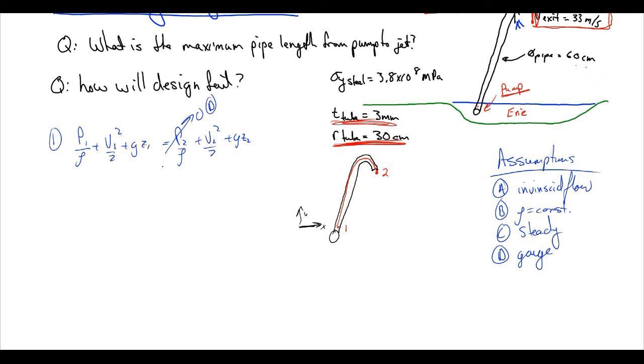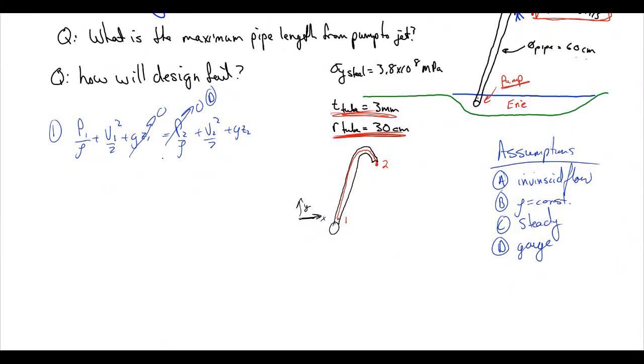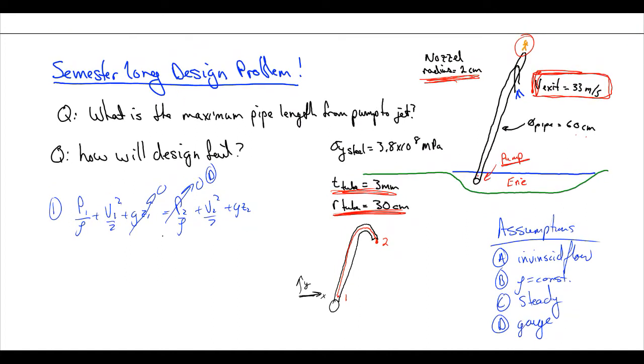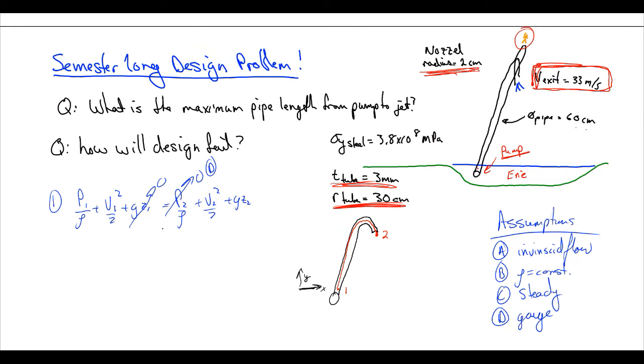And let's talk about the things we know and that we don't know. So we know V2 because we're given it: 33 meters per second. We know V1 eventually. We don't know it quite yet, but we're pretty sure we can get it because we have continuity, conservation of mass, on our side.